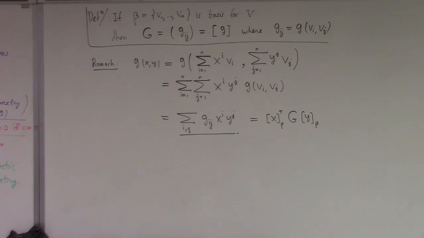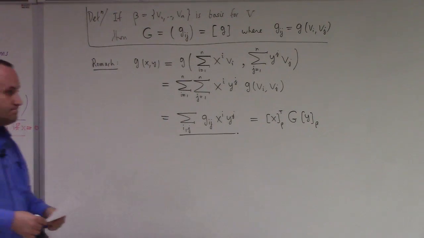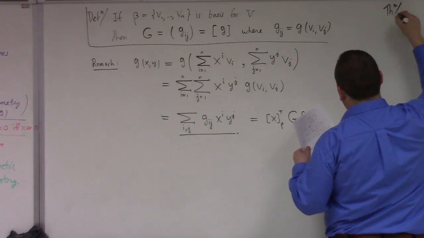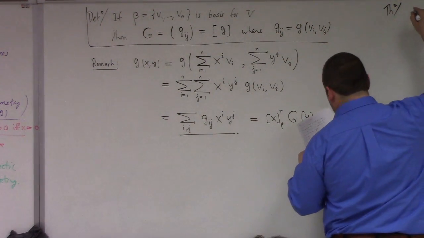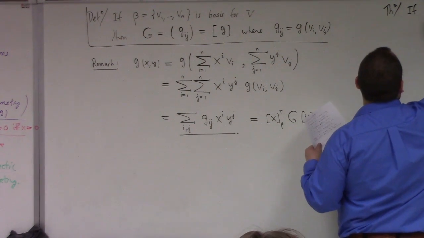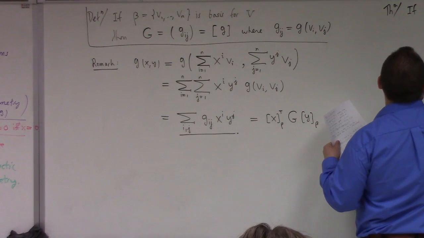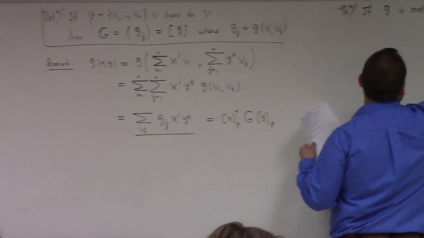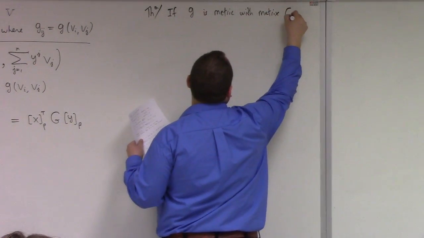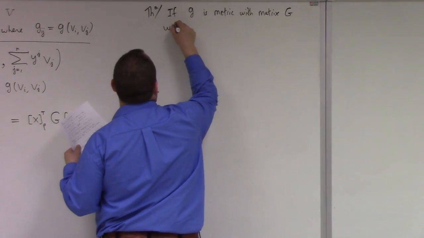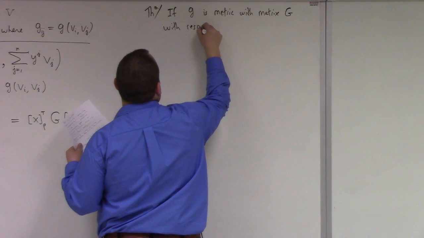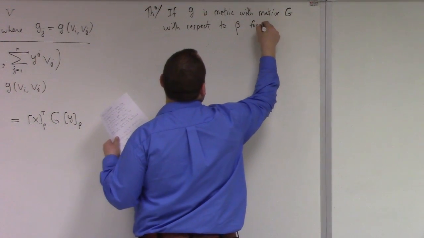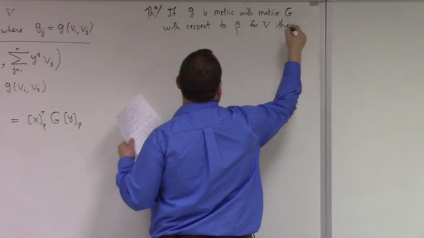All right. The main theorem here is the following, which I got stuck on part of, for shame. If G is a metric with matrix G with respect to basis beta for V, then we have a couple of things.